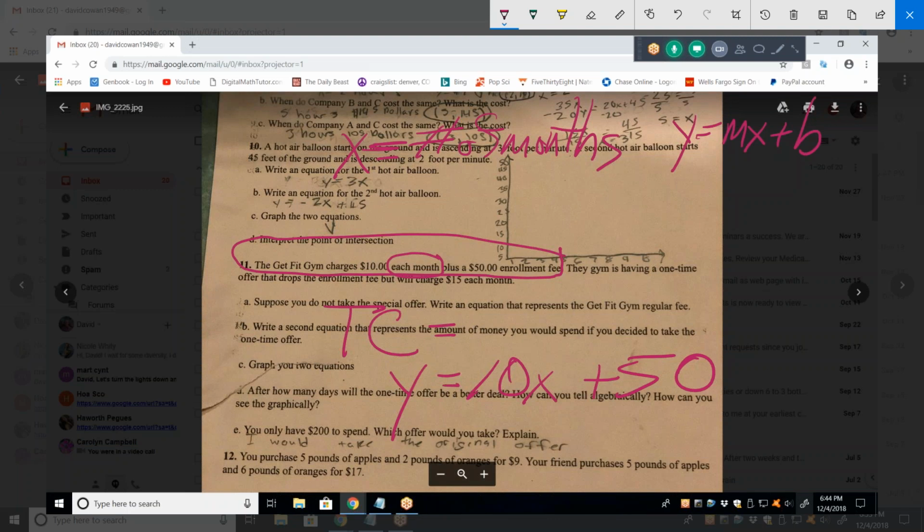So in all of these problems, when they talk about a rate, either when they use the word rate or you see the word per, like per minute, that means rate. Each month means per month. It's $10 per month. That's a rate. That's the slope. And it's a bit of a calculus problem, if you want the honest truth.